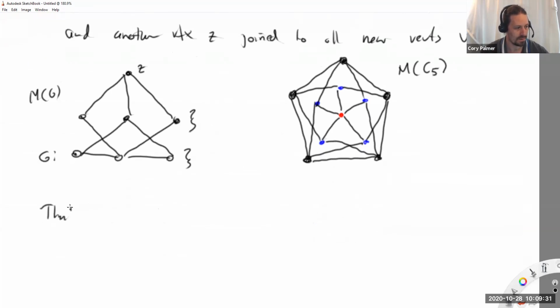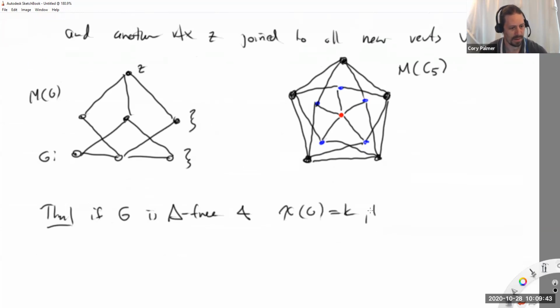Okay, so the theorem is that if G is triangle free and G has chromatic number K, then the McCleskey graph of G is also triangle free, and its chromatic number, so chi of M of G, increases by 1.